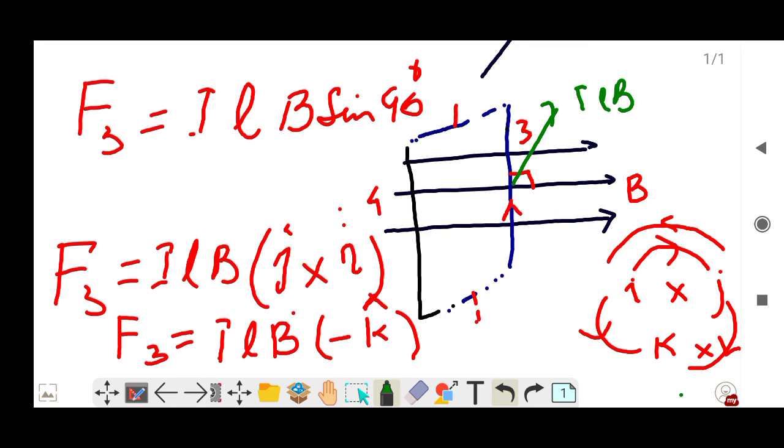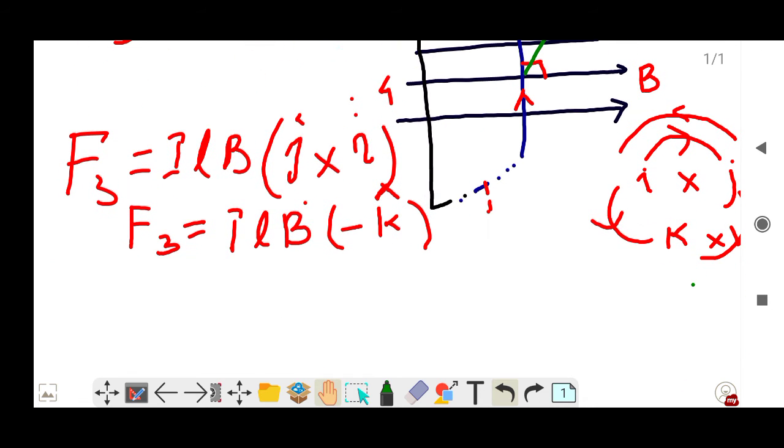Now in the same way, I'll find out the force on conductor 4. 4 is this conductor, so I'll write the force on conductor 4, F4 is equal to, that will again, because here the direction of current is like this, earlier the current went from here, then it came down. So that means there is only one change. The direction of current earlier was in the J direction, now it will be minus J direction.